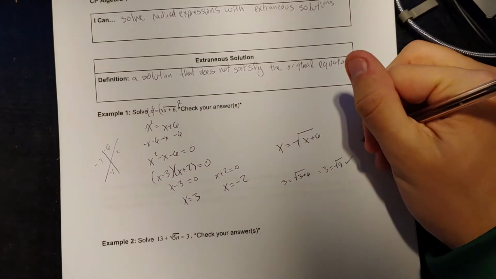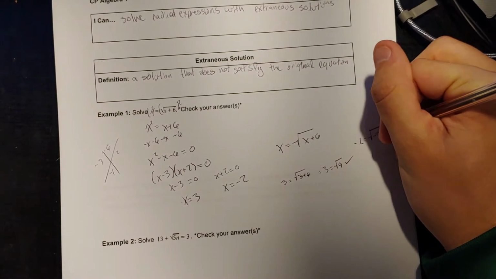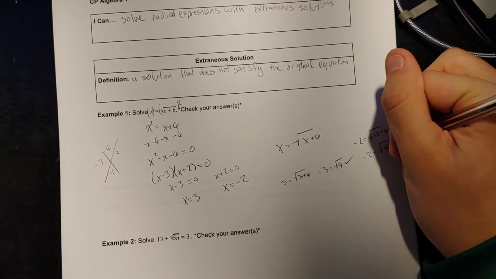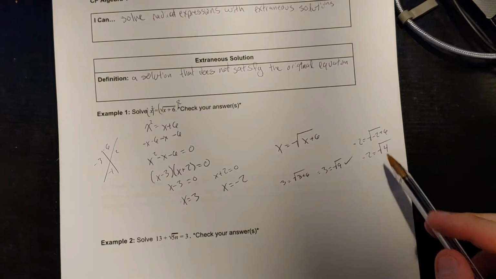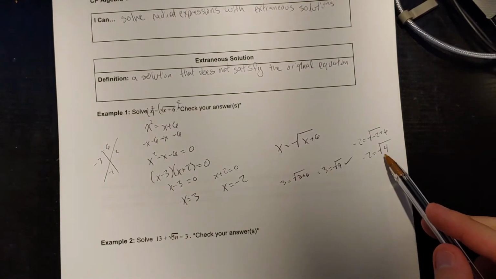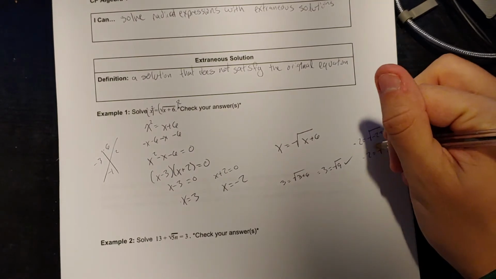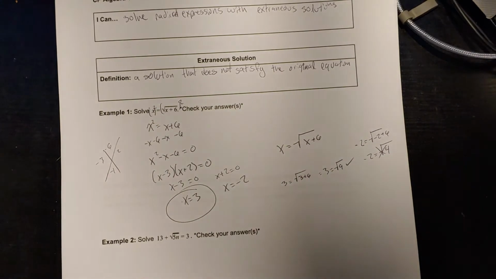The other answer, we have -2 equals the square root of -2 plus 6. So -2 equals the square root of 4. So we want to think, can the square root of 4 be -2? No, we can't. So that means that x equals 3 is our only solution.